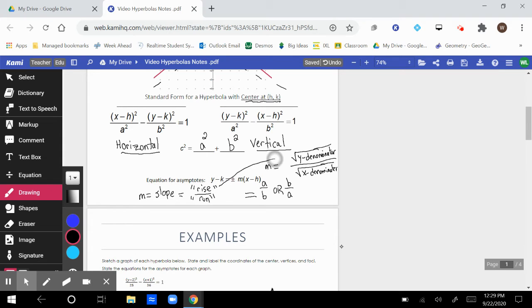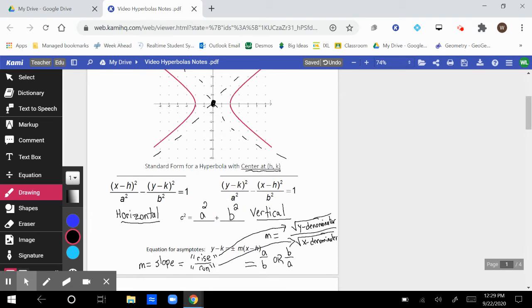Remember, rise refers to y values, up and down. Run is right and left. That refers to x values. This should make more sense once we actually get into a problem. So right now, pause the video and take any of the notes that you might have missed. All I've done so far is basically point out how this is slightly different from ellipse equations.